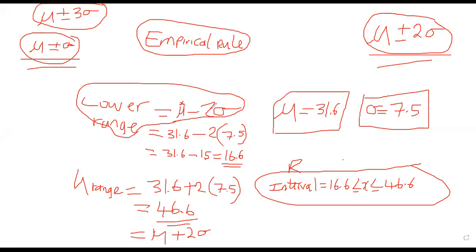If it's within three, for the lower bound you put a minus, but 3 multiplied by the standard deviation, which will be given in the question. When they say within 3, you use the 3 as a constant number. If they say within one standard deviation of the mean, it will just be mu minus the standard deviation, which will be a single one. Then you can substitute and get the value.